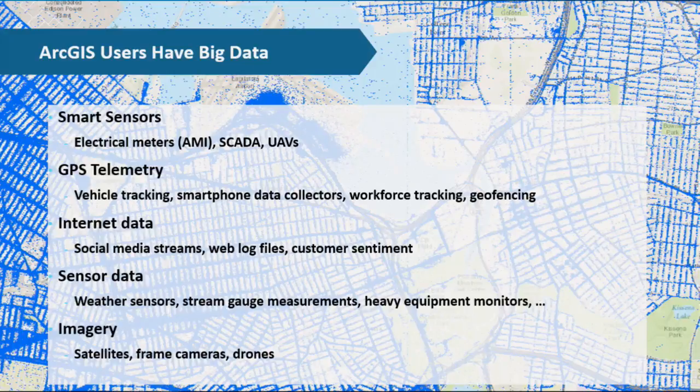There's also things like weather sensors or stream gauge measurements, or on heavy equipment, those big devices that may cost $250,000 or more, big bulldozers, big harvesters, whatever. Those things are filled with telemetry. They're generating vast quantities of data. We could talk about precision agriculture after this talk, but you'd be amazed how much data is being generated and collected in the field of agriculture every day. Then you have traditional imagery, frame cameras, drones, whatnot.